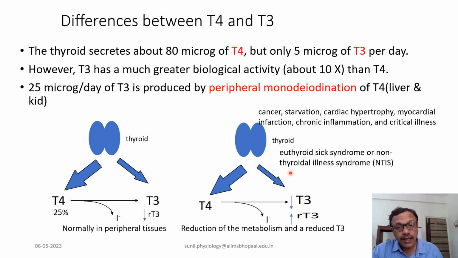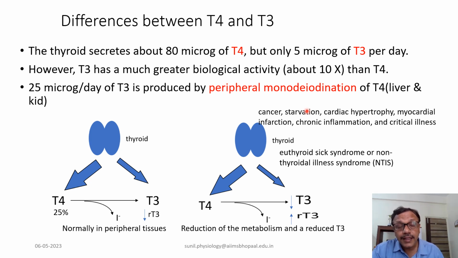Now on the other hand, there are patients suffering from critical illness, cancer, starvation and so on. In this type of patient, there is a decreased amount of T3 produced from T4, but an increased amount of reverse T3 is formed. In these critically ill patients, we don't want their metabolism to be increased.